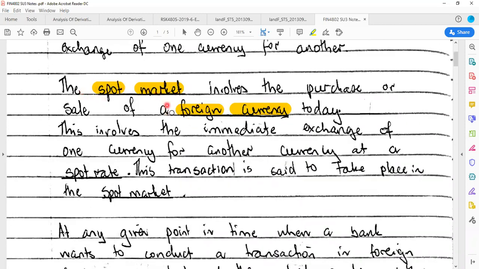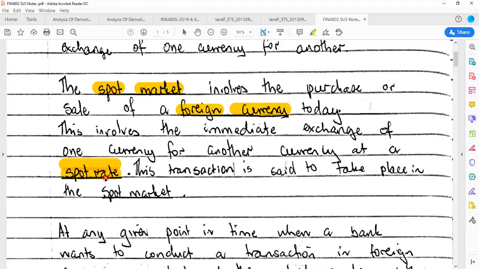So when we talk about the spot market, this involves the immediate exchange of one currency for another currency at a rate we call the spot rate. So if you go to the bank and you require foreign currency, maybe in the form of US dollars today, and the bank tells you that $1 is 17 Rand today, we call that a spot rate.